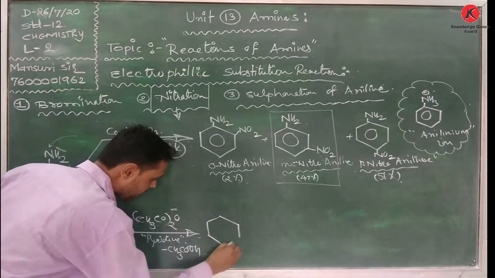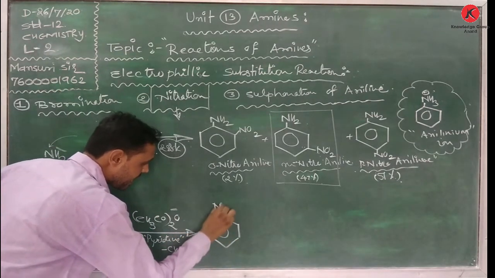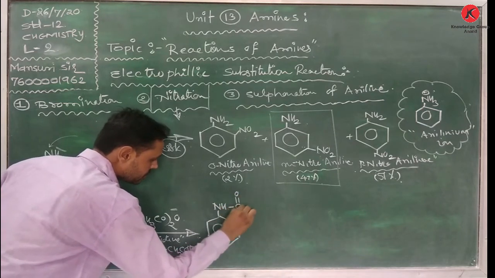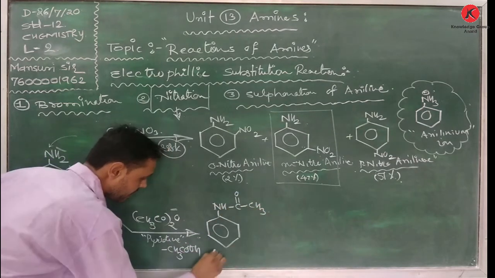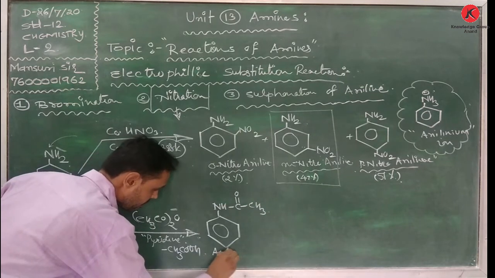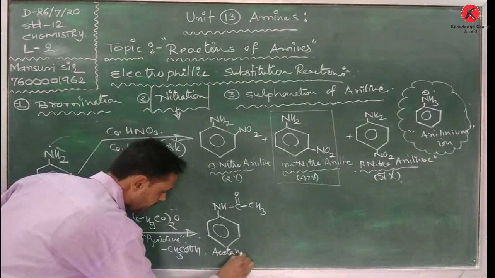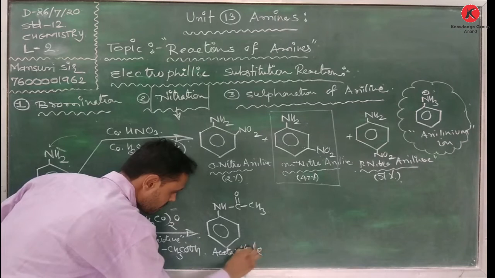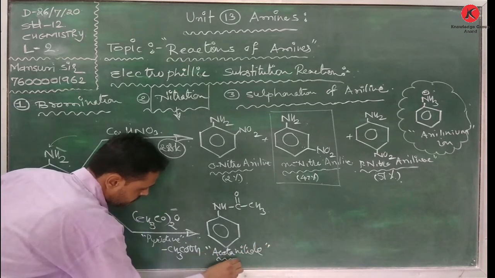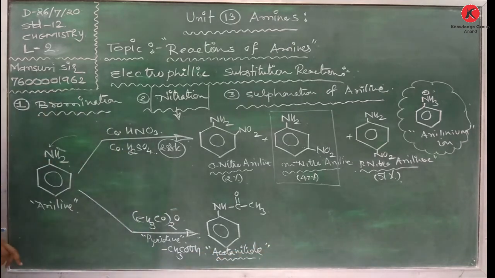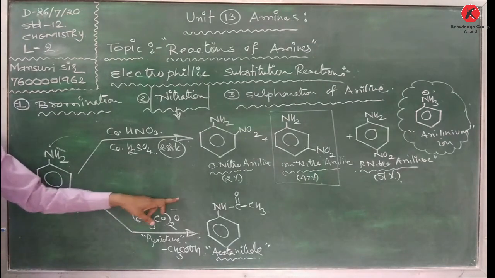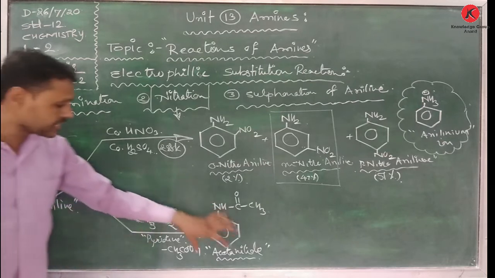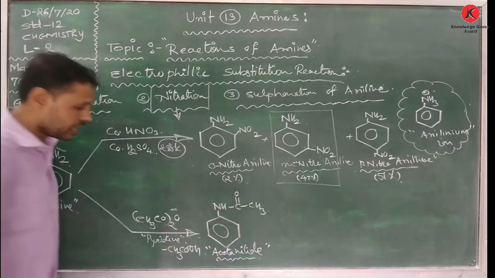So acetanilide, NHCOCH3, is obtained. When aniline reacts with acetic anhydride in presence of pyridine, then acetanilide is obtained.